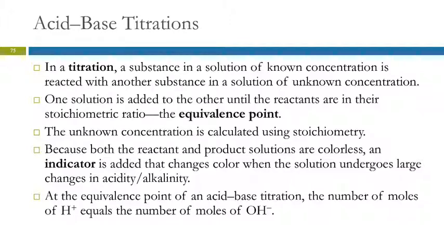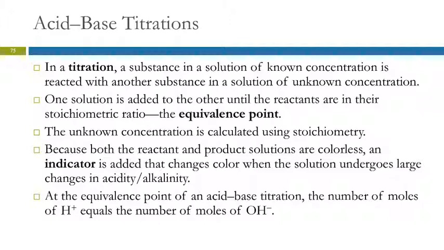So in an acid-base reaction, both the reactant and the product solutions are colorless, and so you really can't see anything unless you add an indicator. There are a wide variety of chemical indicators that will change color when the solution undergoes a change in acidity.